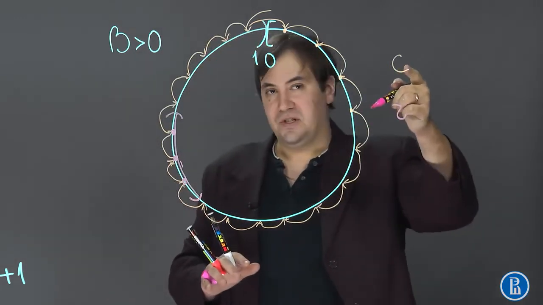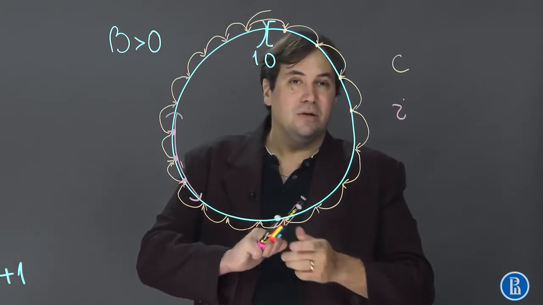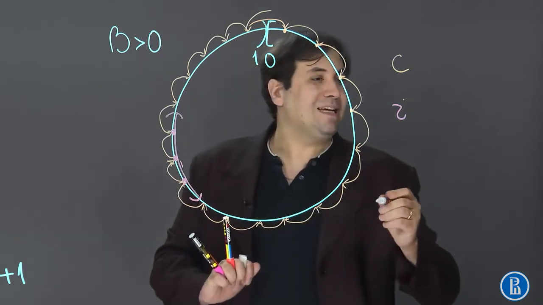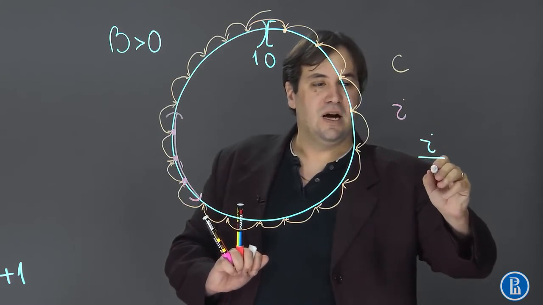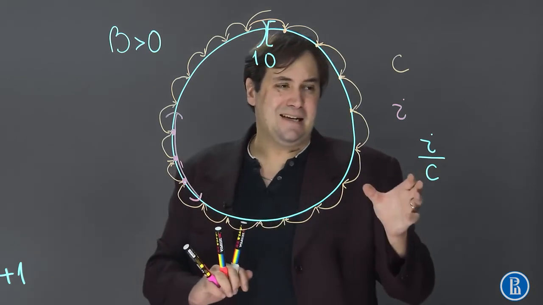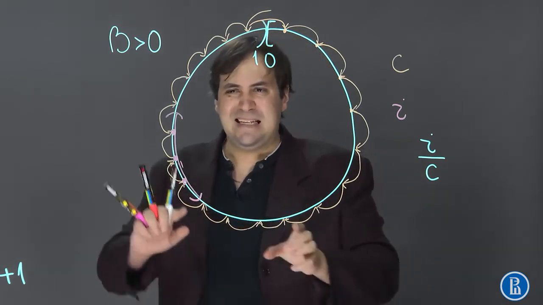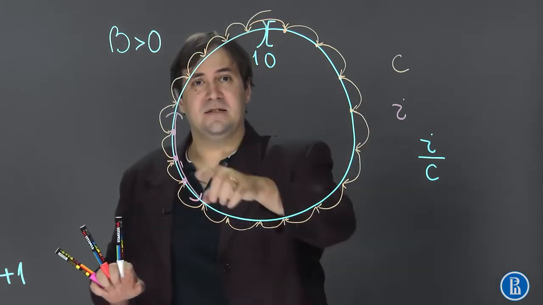So C is for circle, I is for interval, and what we wish to know is what can we say about the fraction I over C, which is something like the frequency of being inside the interval within this turn.